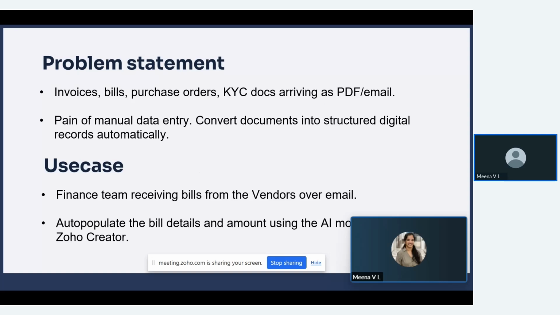For our webinar, the problem statement is that you receive business documents like invoices or bills, purchase orders, or KYCs through your email, or as a PDF copy. When you receive them, there is the pain of taking the information from the document and inputting it somewhere so that you have a database. Doing that manually takes time and there can be errors.